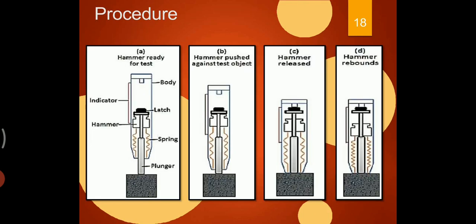This is the method that we use with this hammer. For the procedure, we first place it over the sample or any member on the real on-site structure. Then we push the piston and it should be fully pushed. After that it has to be released.